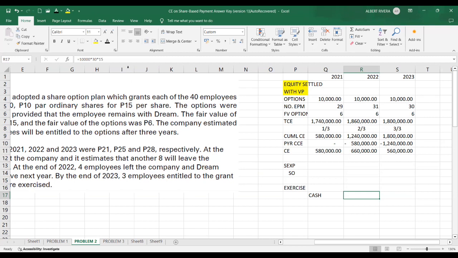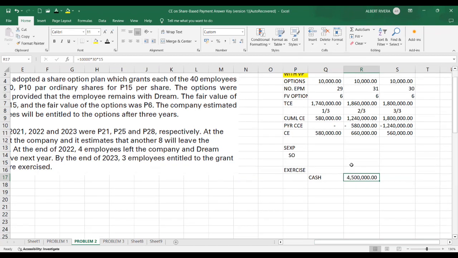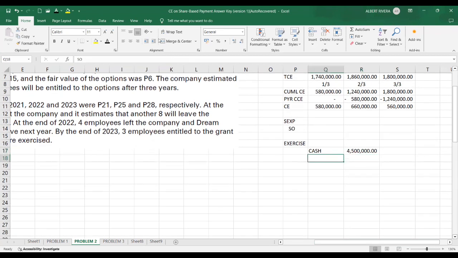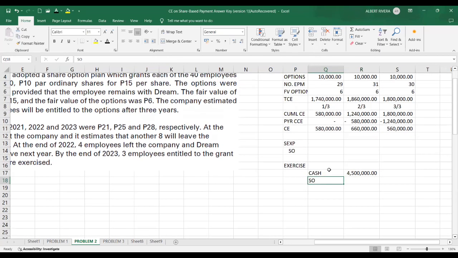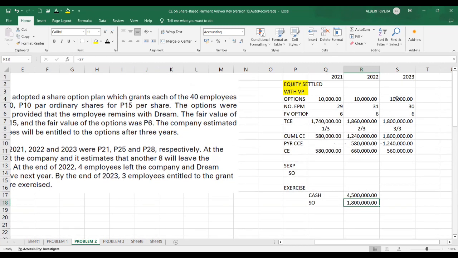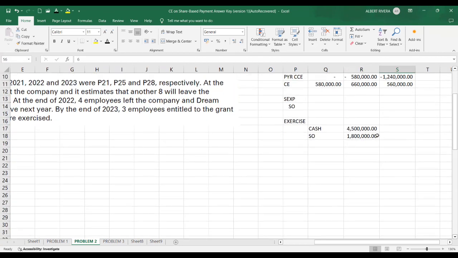So we will be receiving cash equivalent to 4.5 million pesos. Then debit your share options because you will now exercise this, and that should be 1.8 million pesos, or that is 10,000 times 30 number of employees times the fair value at the date of grant. So this is 1.8 million pesos.